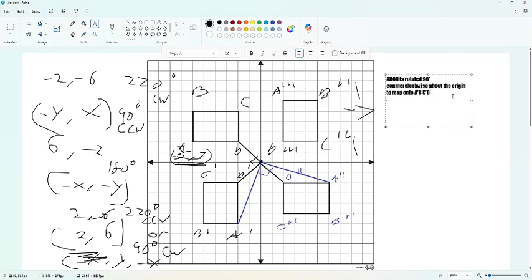Sorry, ABCD is rotated to map on it because rotations are rigid motions. ABCD is congruent to A prime, B prime, C prime, D prime.